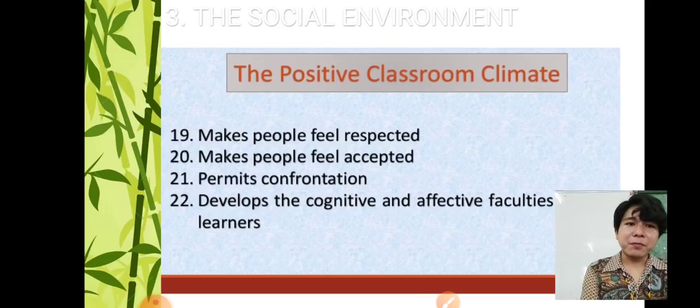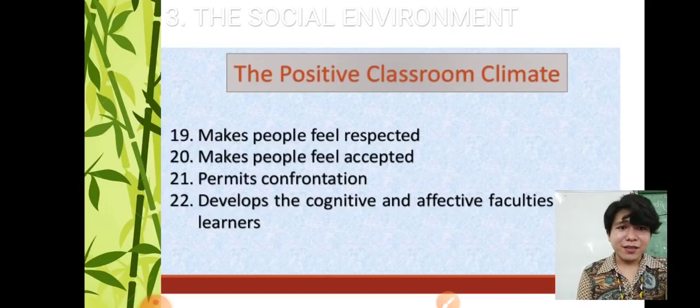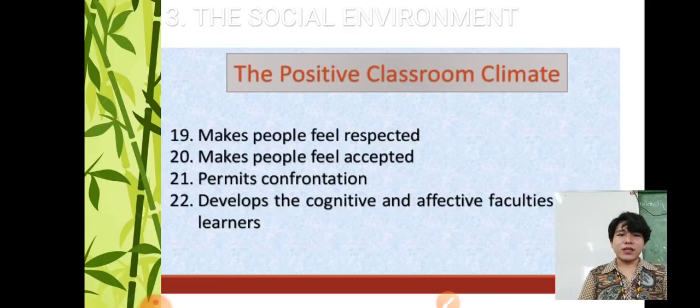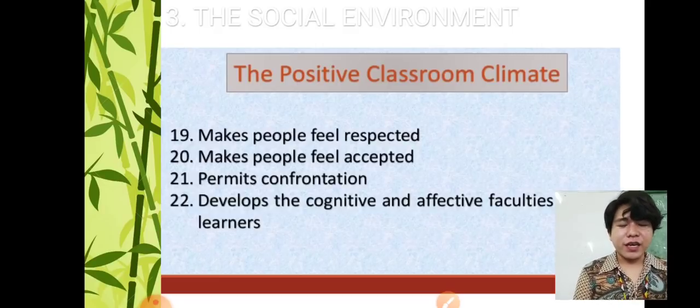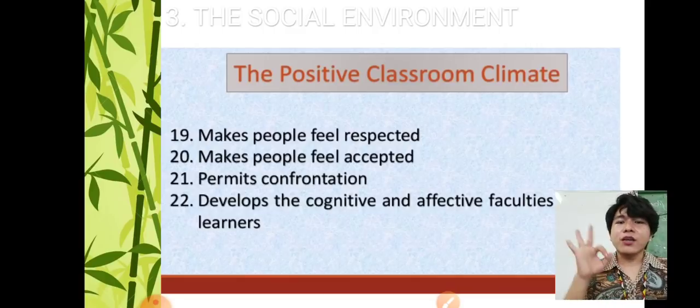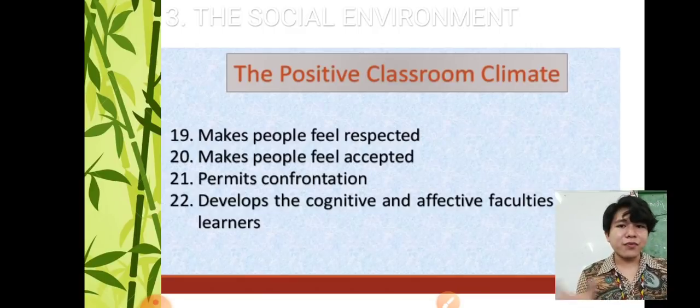So make people feel respected, accepted, permits confrontation. So of course, you need to confront your students if he or she is misbehaving. And of course, develop the cognitive and affective faculties of the learners. That is why we have the affective, cognitive, and psychomotor domain to have a holistic development of our students.